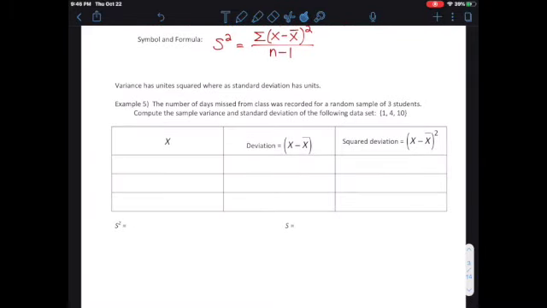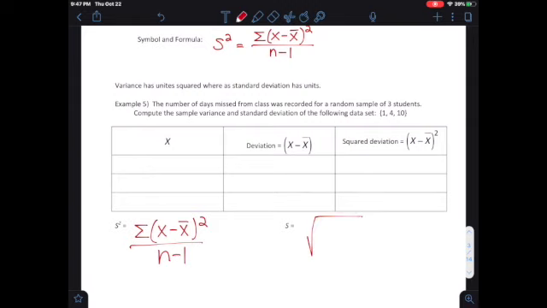So, again, just do the comparison. The summation, and then we're going to go through a problem. x minus x bar, that's the average, squared, over n minus 1. Do you notice that's a square? So we are going to take the square root so there's no s squared. So s is the square root of the summation of x, the individual data, minus x bar, that means the mean, which is the average, parentheses squared, over n minus 1.